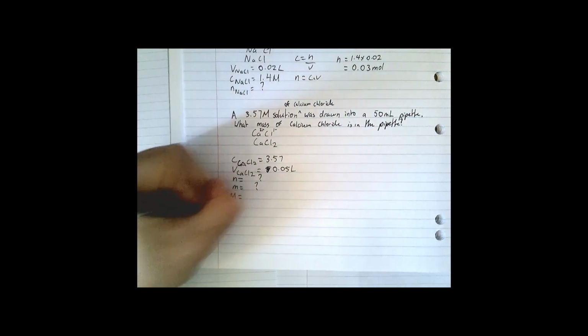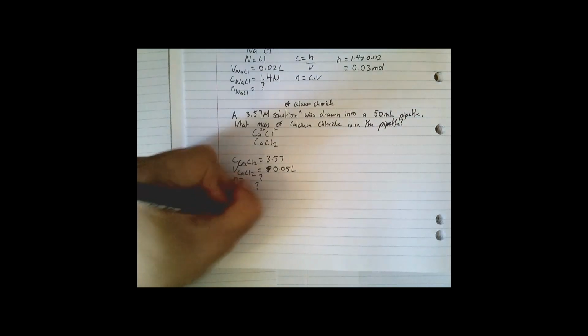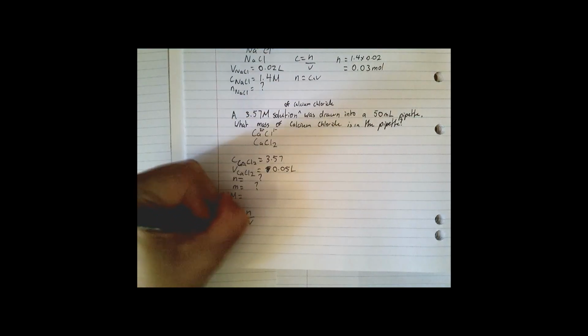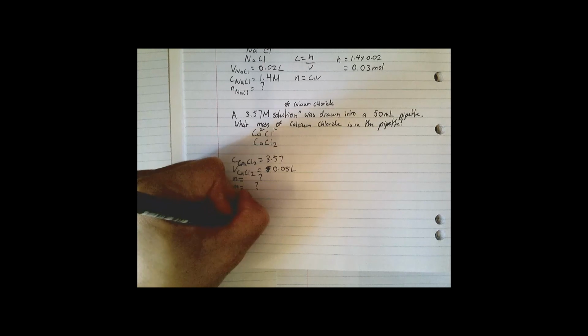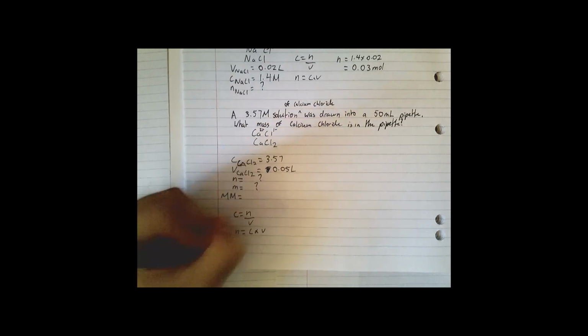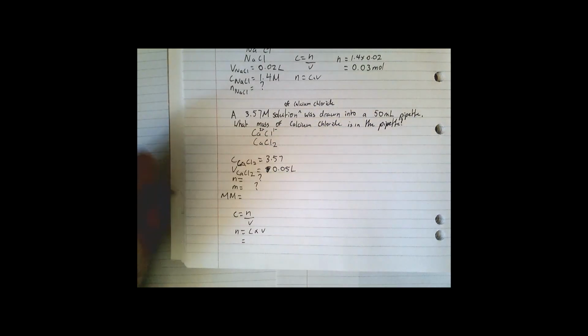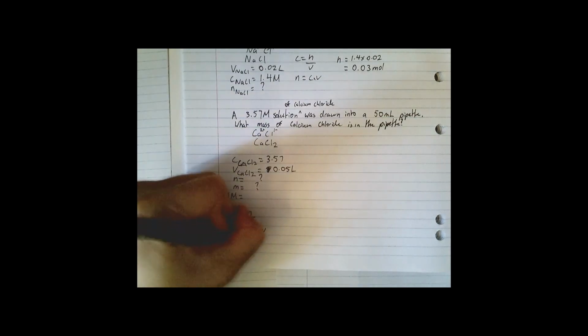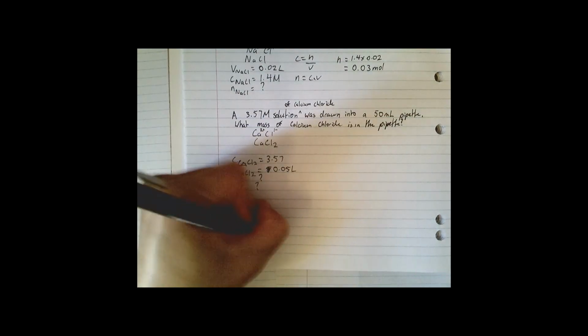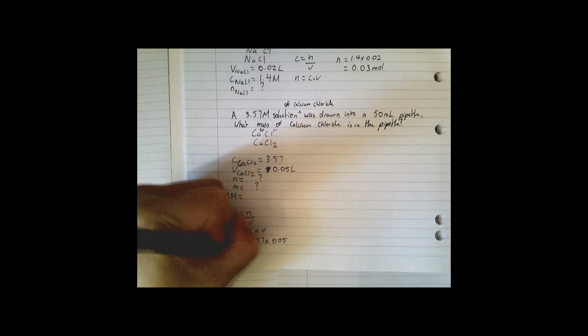So first things first, C equals n over V, but we want to find the number of moles so we can know our mass a little bit later. So n equals C times V. To do that, I'm going to substitute in 3.57 and multiply that by 0.05.